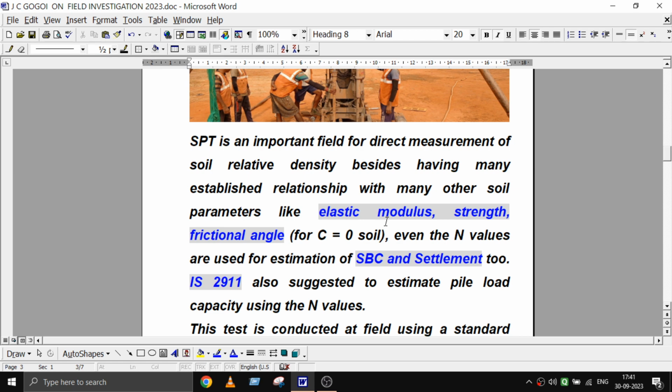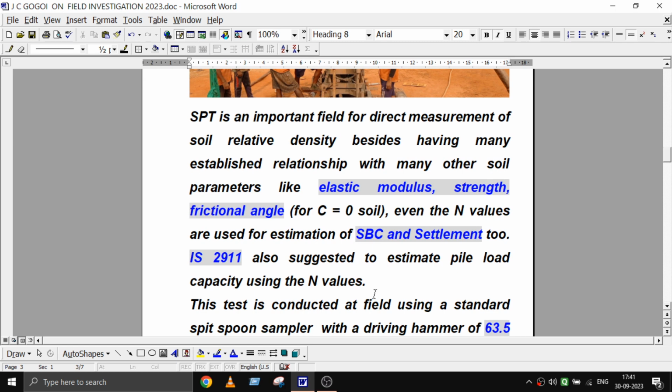I cannot say the equation is very wrong; it is very close to the static equation of IS 2911. Mainly for sandy soil, this equation is very close. There is a good relationship between this N value equation and the static equation of IS 2911. The results are very close.